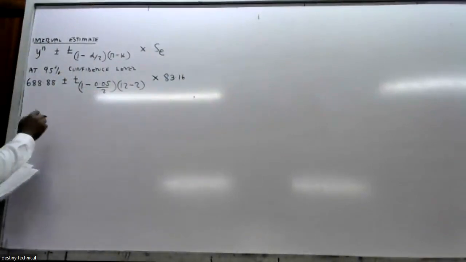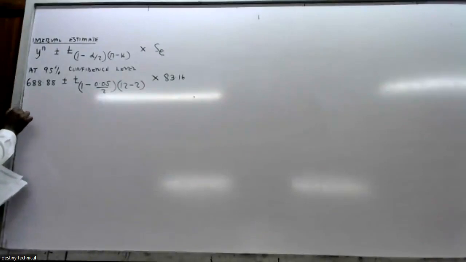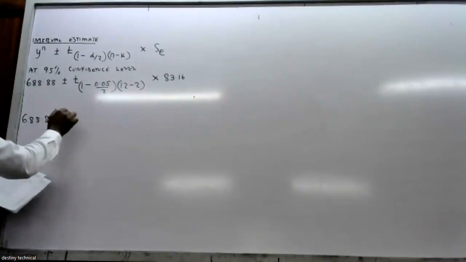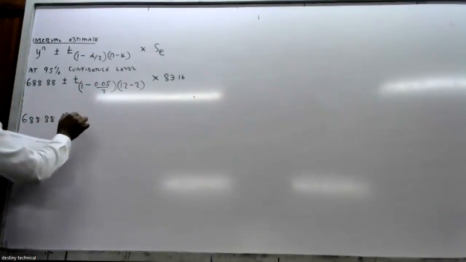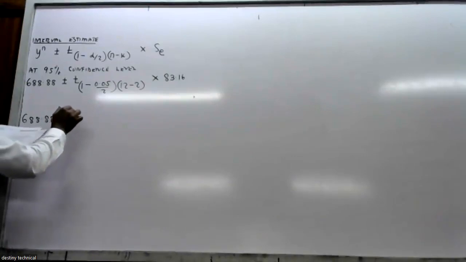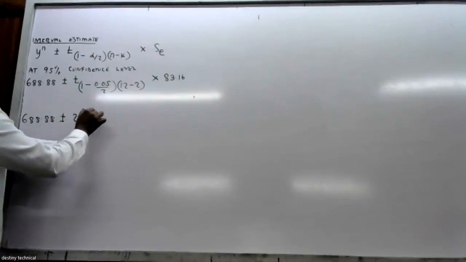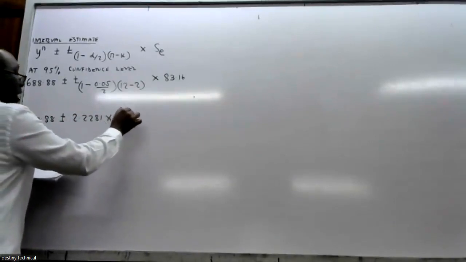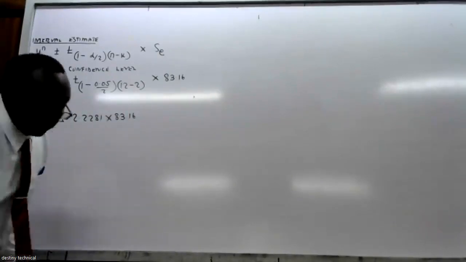So if that is true, then we proceed and say 688.88 plus or minus 2.2281, you multiply by 83.16.